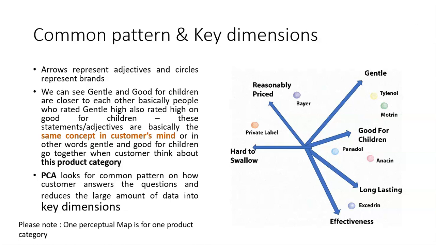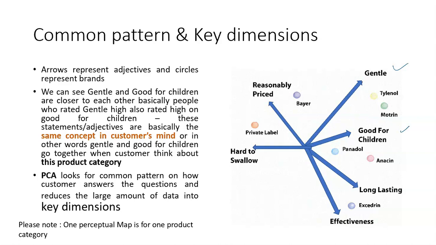So this is an example to show you how PCA looks. The arrow represents adjectives and the circle represents brands. We can see gentle and good for children are closer to each other. Basically, people who rated gentle high also rated high on good for children.